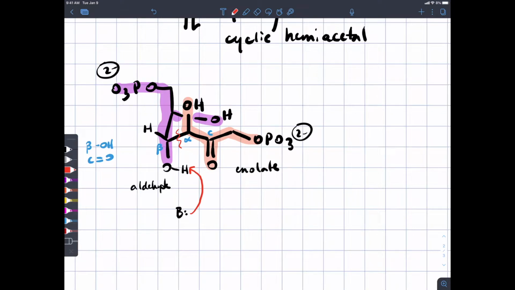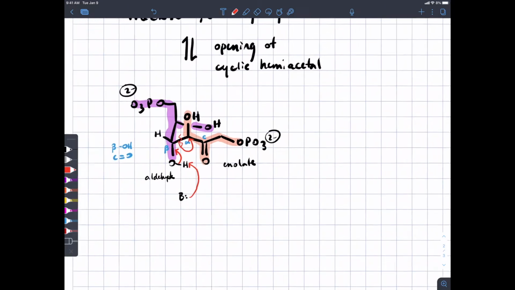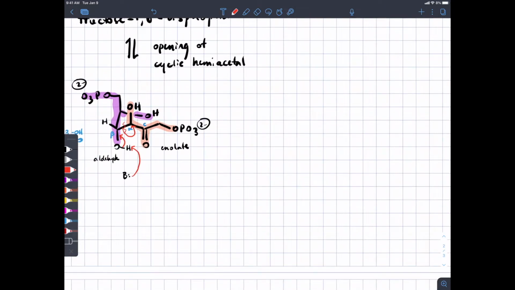So we're going to show all of that happening at once. Electrons kick down to form the carbon-oxygen pi bond, and then these electrons in the bond between beta and alpha carbons go to the alpha carbon. And so that breaks apart our molecule into these two equivalent parts, or rather these 3 carbon portions.